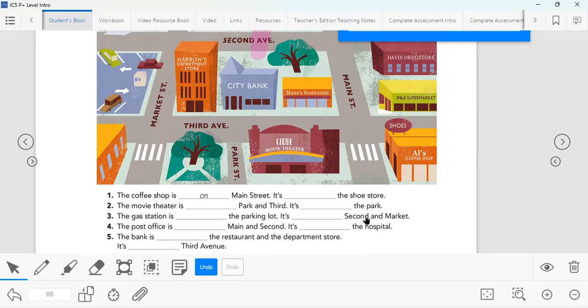It's on Main Street, next to the shoe store. Nobody gets lost if you give more than one reference, correct? So it's not incorrect to use one or two different expressions, but be careful that what I'm using is true, okay? But we can give more than one, maybe two or even three.